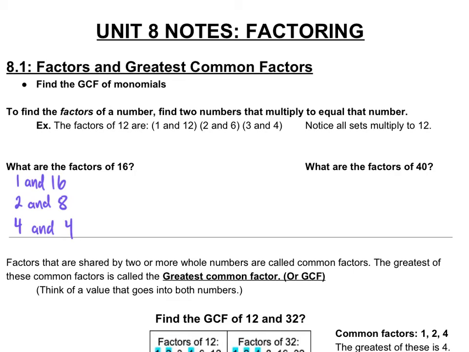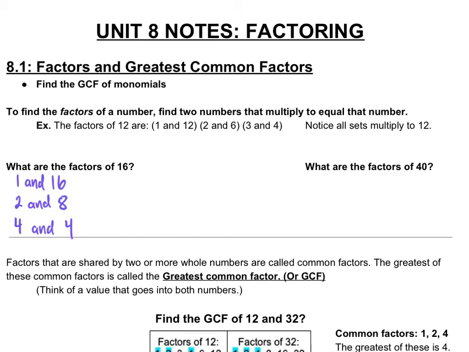But 8 does. But remember, we already counted 8 and 2, so we don't want to double up. All right, so those are the factors of 16: 1 and 16, 2 and 8, 4 and 4.